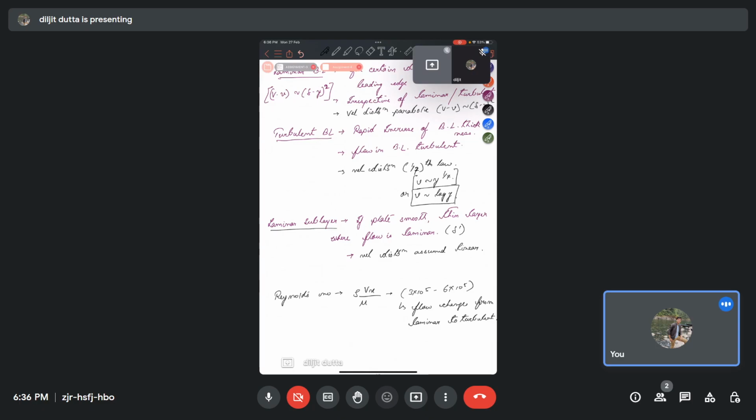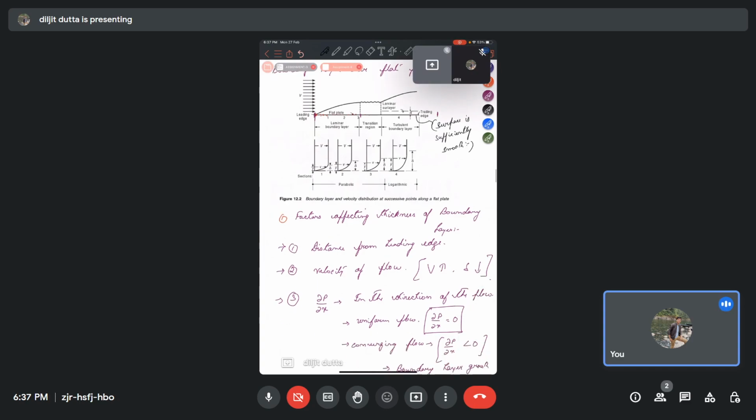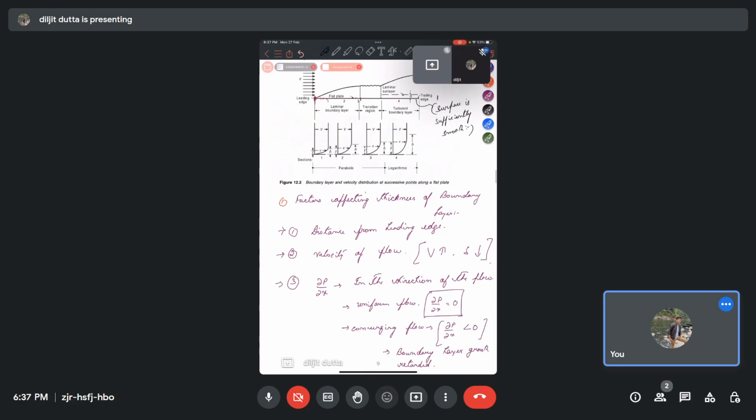Now one more thing that is very important is the laminar sublayer. In the turbulent boundary layer, if the surface is sufficiently smooth, in that case for a very small height a laminar sublayer will be formed, in which the velocity distribution will be parabolic.